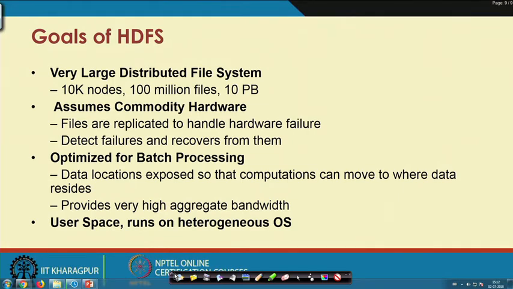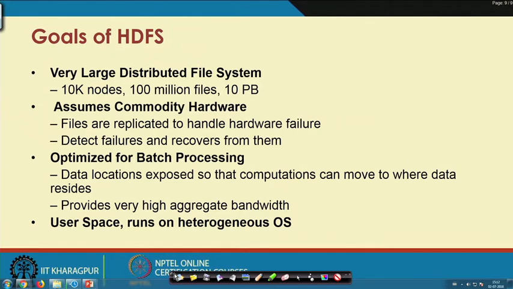Also, it is optimized for batch processing. So, the data locations are exposed so that computation can move to where the data resides, and when that happens, it provides a very high aggregate bandwidth.